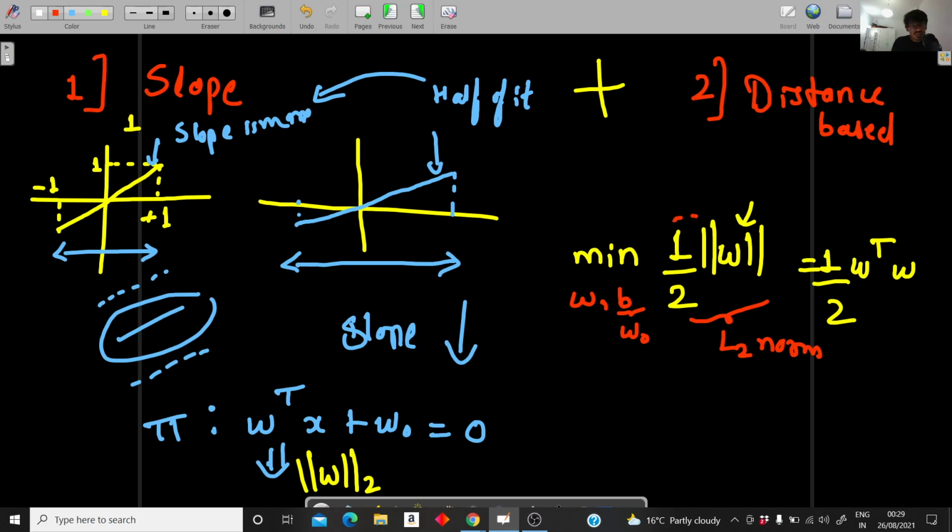And why is the half used? Just to have differentiability. So in order to minimize this, there should be some constraint. This is an optimization problem, no doubt, but it's a constrained optimization problem.